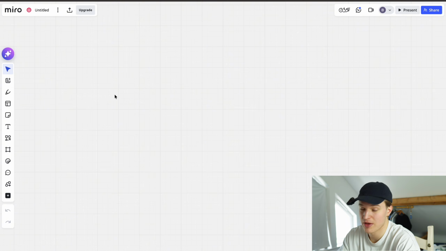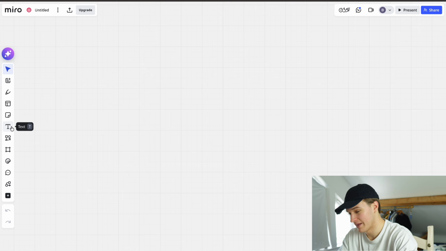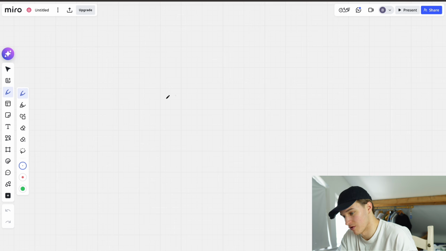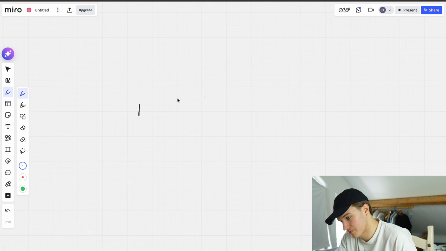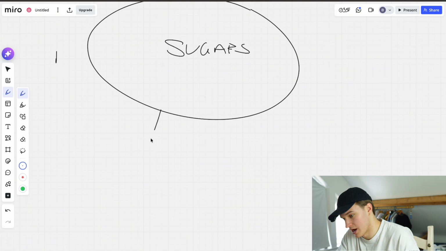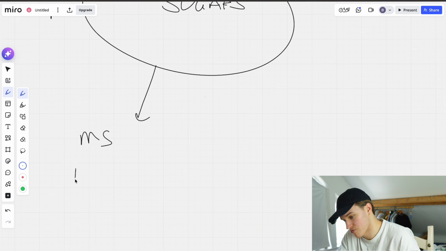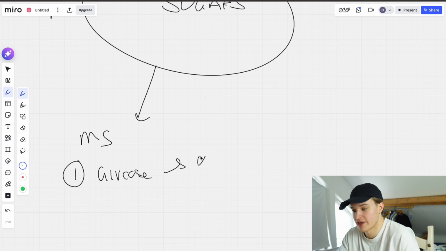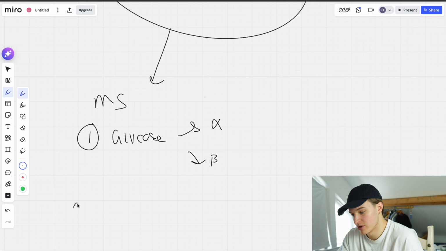Then I need to have a bit of a break, change what I'm doing, and I literally need to just blurt everything out. So right in the middle, sugars. And then I will basically blurt everything. Monosaccharides: there are 3. 1 is glucose, which is broken down, as the note said, into alpha and beta. Number 2 is going to be fructose.